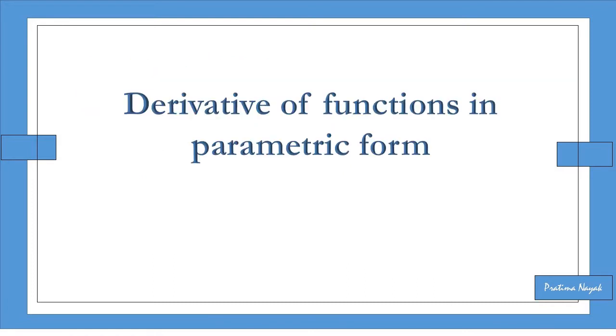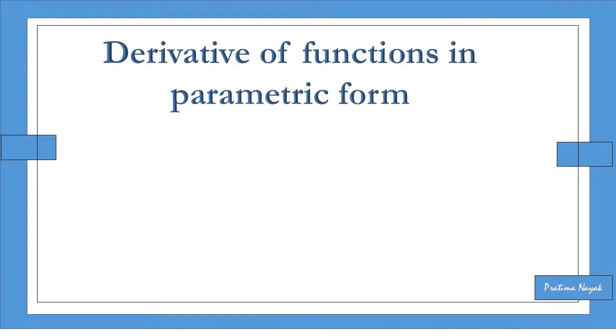Now how to get the derivative of functions in parametric form? It is very simple. Here if two functions are given like that, y is equal to f of theta, a function of theta, where theta is the parameter, and x is also a function of theta denoted by g of theta.